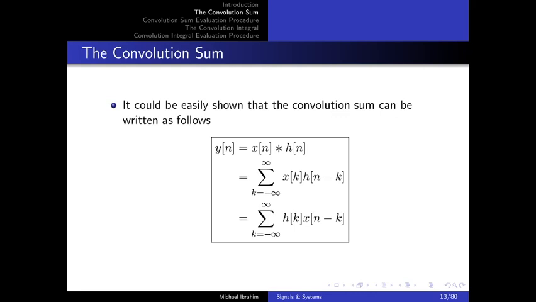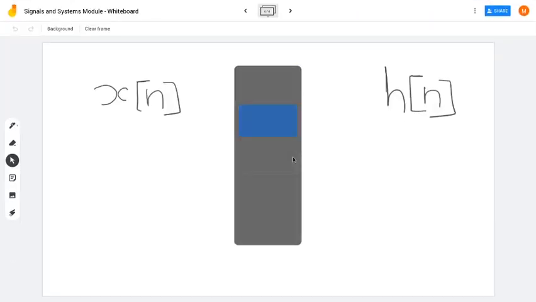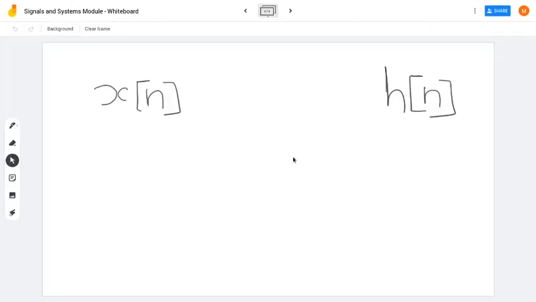So in order to understand this equation and how we can implement it, let's move to our whiteboard. Remember that we want to do the convolution of x of n and h of n. X of n is the input to the discrete time system, and h of n is the impulse response of the discrete time system. In order to do the convolution, we go as follows.